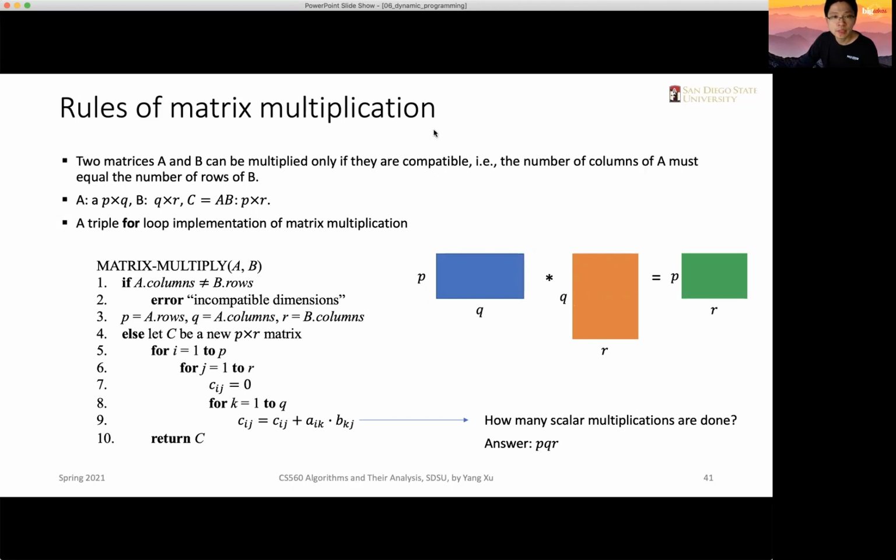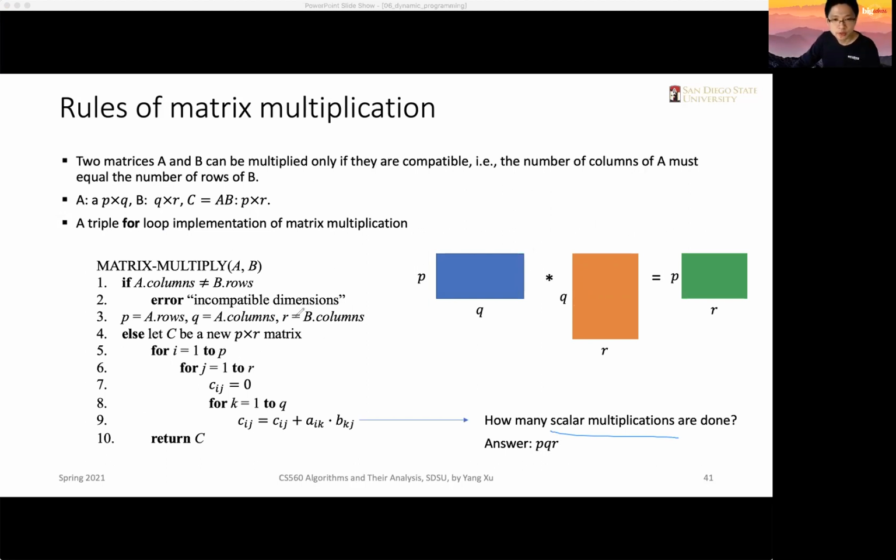Scalar multiplication is the multiplication between two numbers. When we want to multiply two matrices together, it's decomposed into a lot of steps of multiplication between numbers, and those numbers are the elements of the matrices.